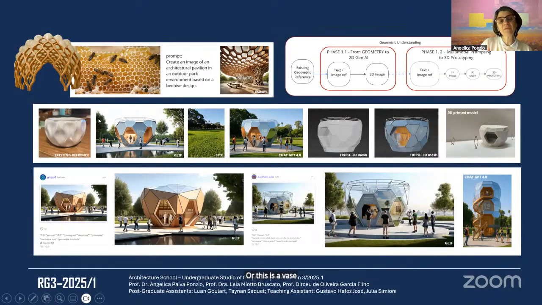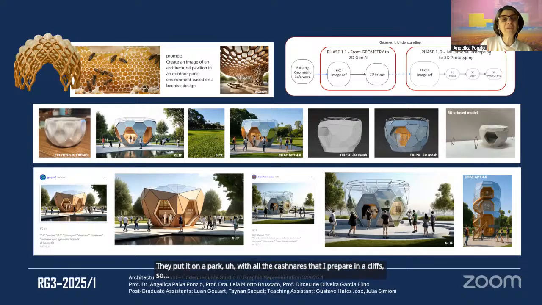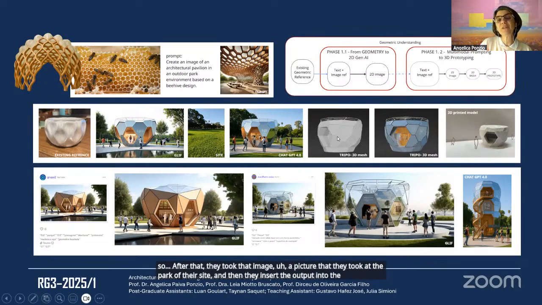So we started with these first introduction classes. This is a group of students who took a picture of a vase that they have at home, and then they took it to Glyph, and then they put it in a park with all the questionnaires that I prepared on Glyph. After that, they took a picture of their site at the park, and then they inserted the output into the park. And then we took it to Tripo, we did a mesh, and then finally they 3D printed it here.